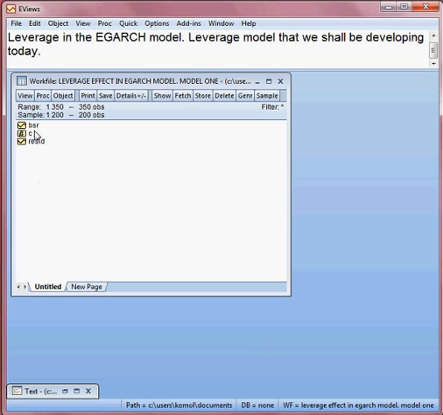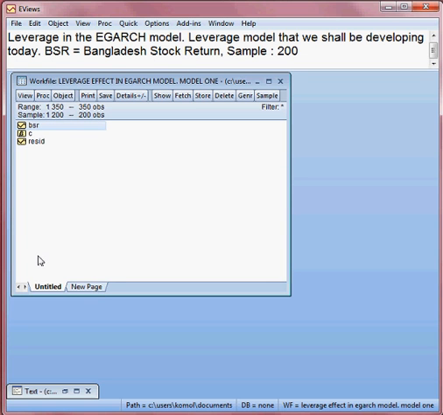And here we have the data, BSR. What is BSR? That is Bangladesh stock return. And the sample size for this one is 200, and the variable is BSR, Bangladesh stock return.